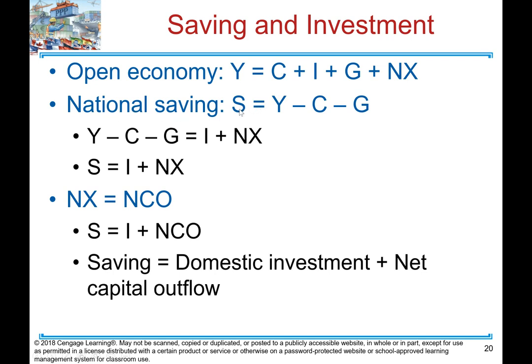National savings, as we have seen before, is S equals income minus C minus G. Y minus C minus G equals investment plus net exports. So national savings is equal to investment plus net exports. So NX is exactly equal to NCO.